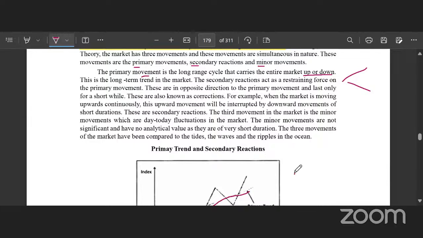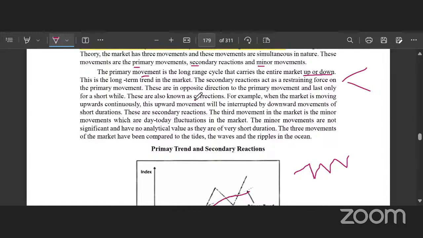If the market is going up, there might be a point where the secondary reactions start acting against it and cause a fall. Once the market is falling, there are secondary factors which make the market move up, then down, then up, like this. These are known as corrections.